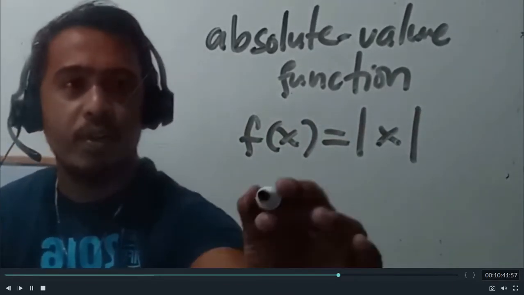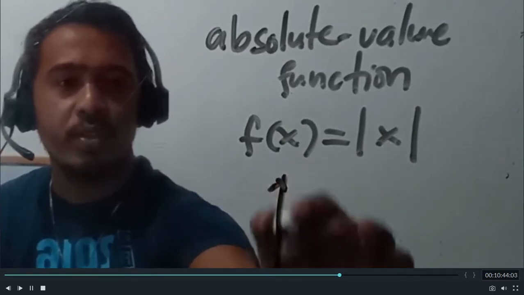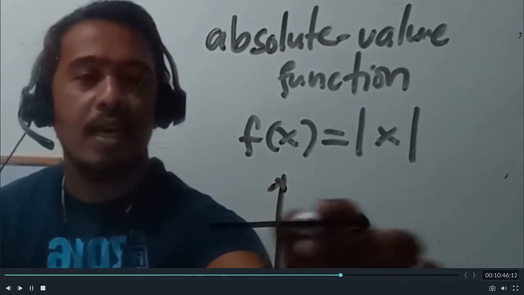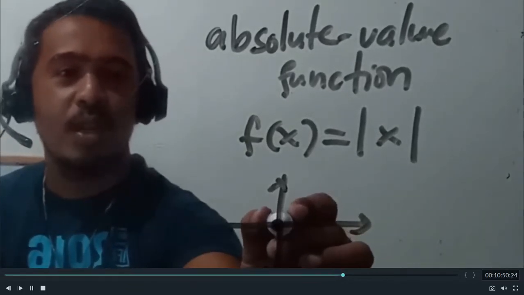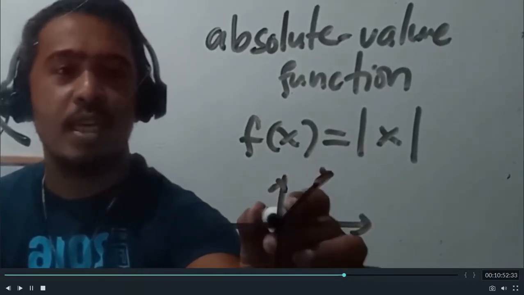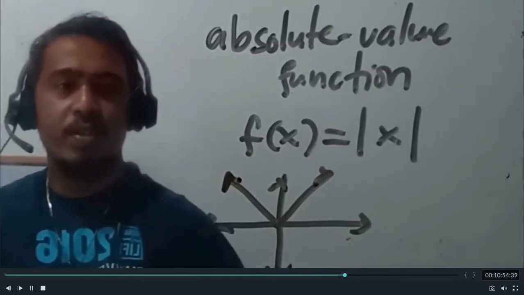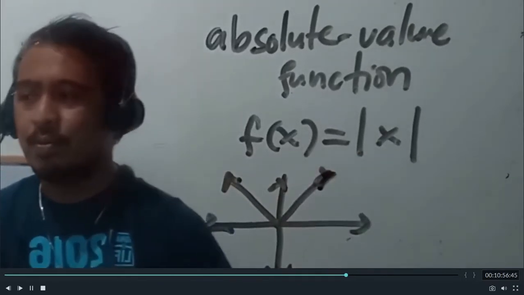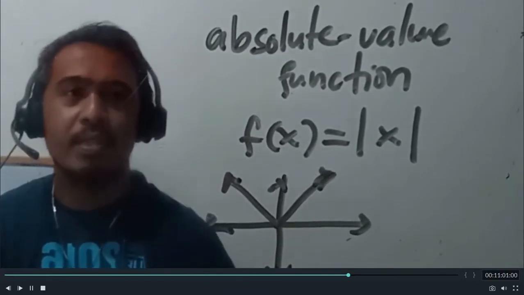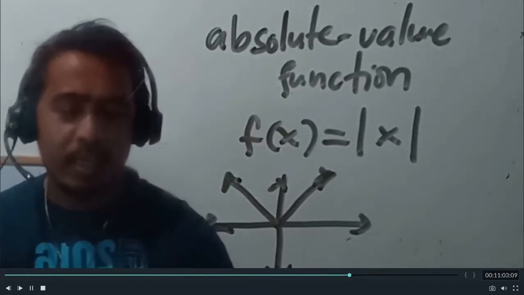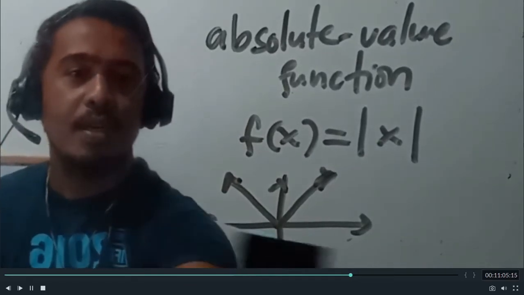And the graph of this absolute value function is somewhat like a letter V. So it will look like this. If you see a graph having this form, then it is an absolute value function. Okay, let us have a recap.